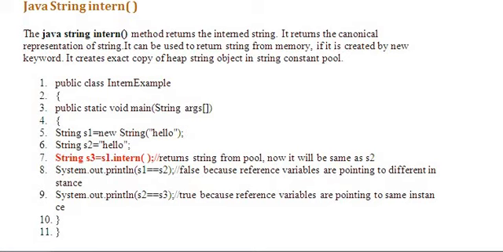It's advised to use equals, not double equal to, to compare two strings. This is because the double equal to operator compares memory locations, while the equals method compares the content stored in the two objects.